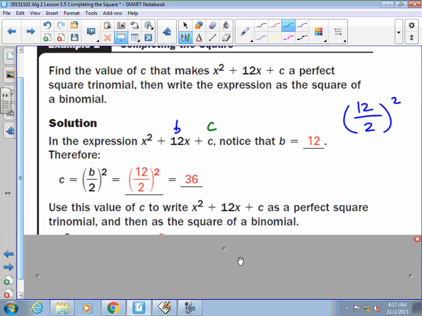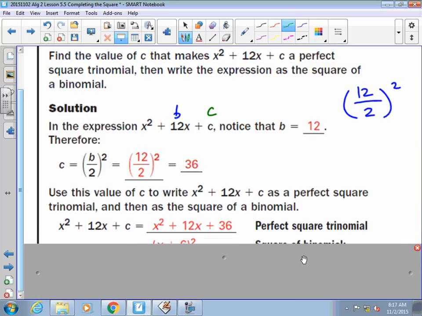Use this value of c to write x squared plus 12x plus c as a perfect square trinomial, and then as the square of a binomial. So here's your perfect square trinomial. Notice the only thing that's different from black to red is that instead of saying plus c, it says plus the new value of c, 36.